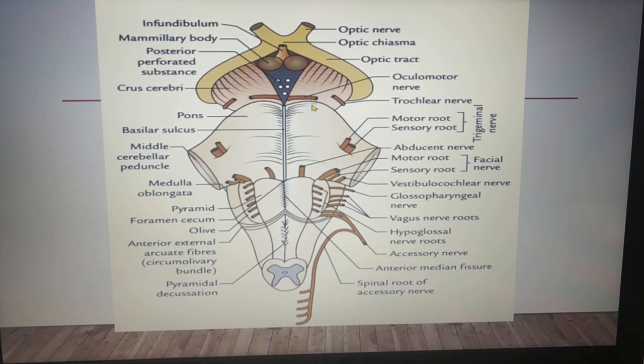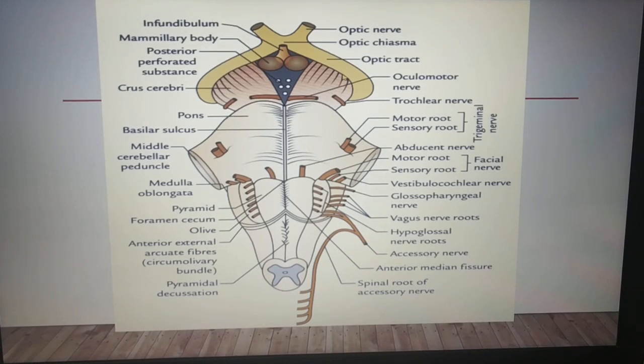The fourth structure crossing over the crus cerebri is the taenia pontis. Taenia pontis is nothing but one or two small transverse bands or bundles of fibers which cross over the upper part of the pons.